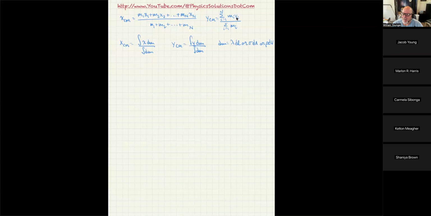Now, that's all well and good as long as you're dealing with point particles, or if you're dealing with discrete parts whose geometry allows you to know exactly where the center of mass of those things are, because M1 could be an actual physical object as opposed to a point particle, but that physical object has an x coordinate of center of mass equal to x1, and its mass, or at least its fraction of the mass, would be m1.